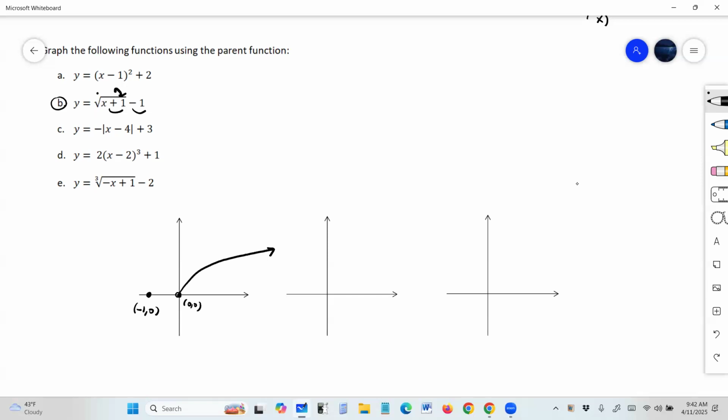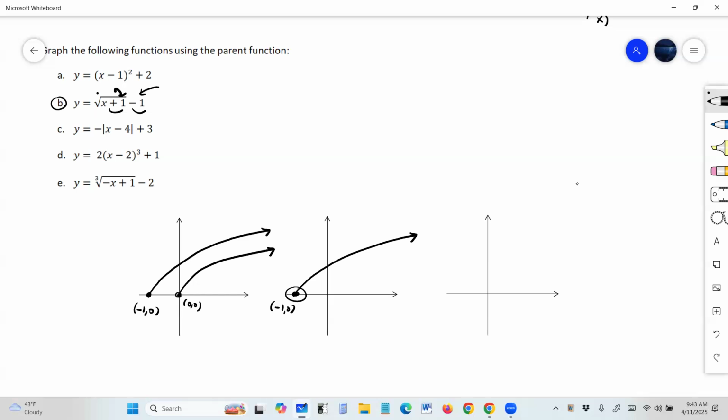Right? 1 unit to the left. And I regraph the function. Obviously, I could have done it over here. So this is the location now, -1, 0. And then I apply the other transformation, which is down from here 1 unit.